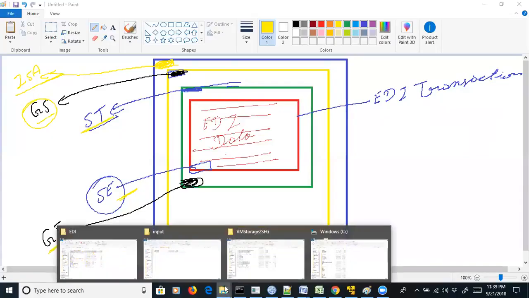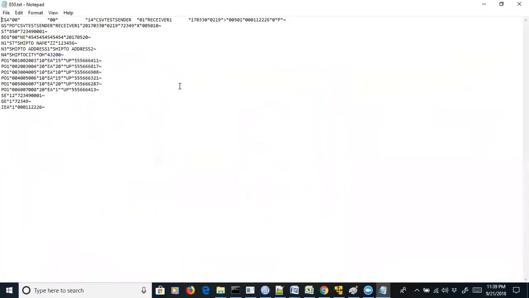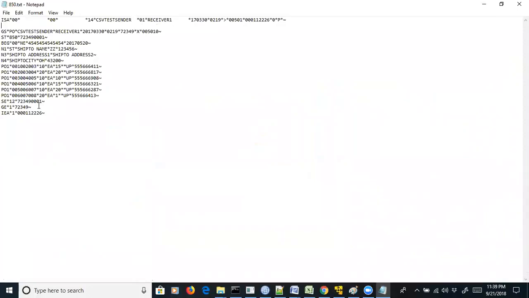Let me show you what I'm talking about here. Look here: the ISA envelope, this is the outermost. Then you have IEA, which is the trailer.